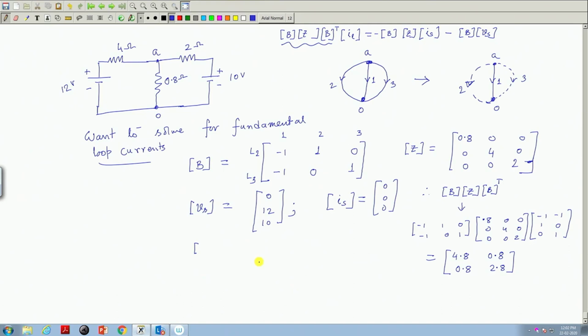B into Z, and B into Vs you have to calculate, Vs is known and Is is also known. The Is term will in fact not be there, this will become 0 in this particular case.